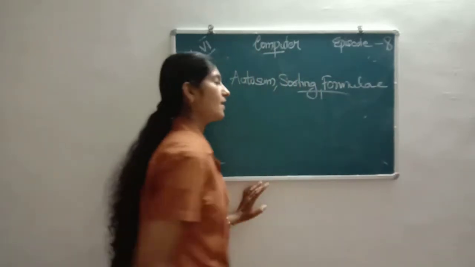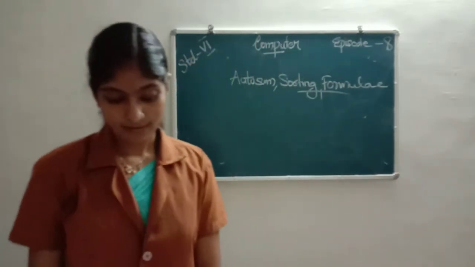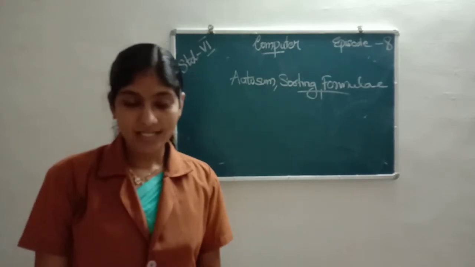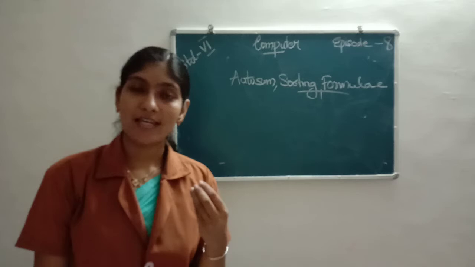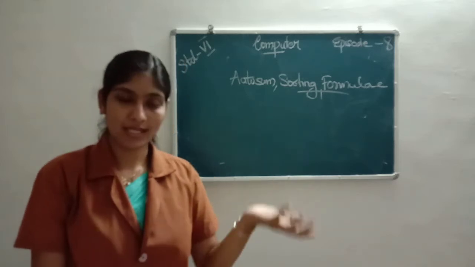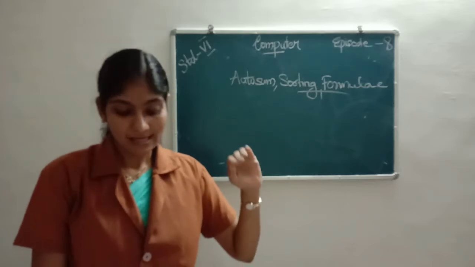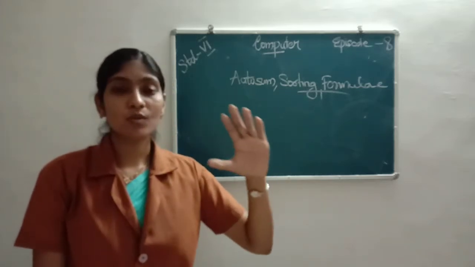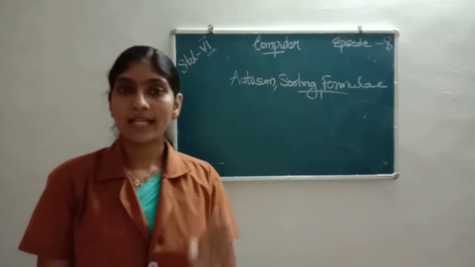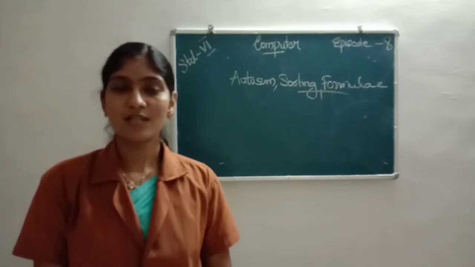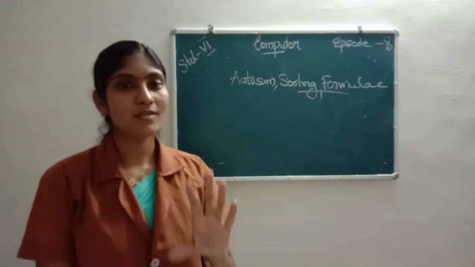Okay, so first one, using auto sum. Auto sum provides an easy and quick method to calculate the sum automatically. That means if we want to calculate the sum of data from a particular range of cells, just click the auto sum option.